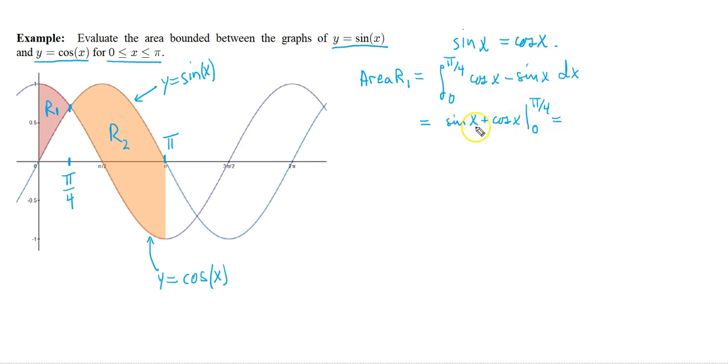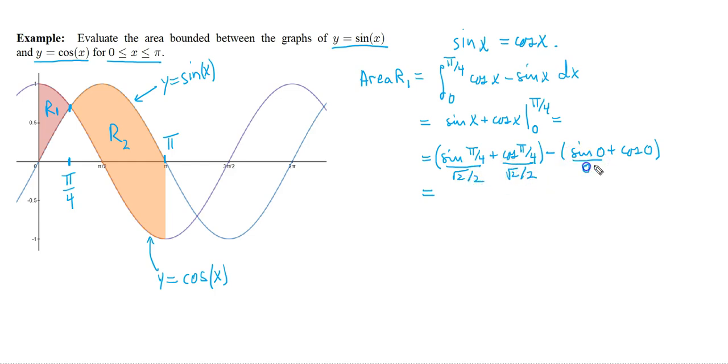So that's going to be the sine of pi over 4 plus cosine of pi over 4, minus sine of 0 plus cosine of 0. Now these two terms are root 2 over 2.